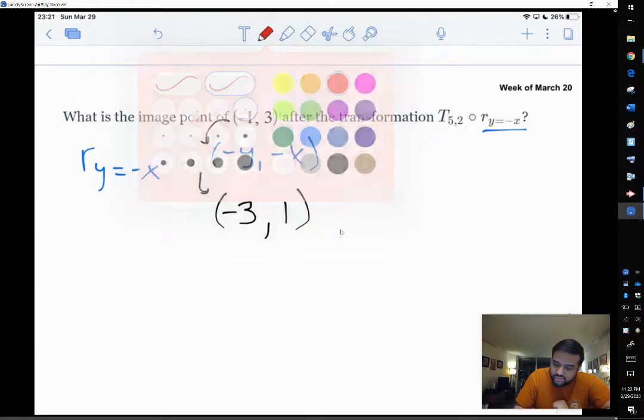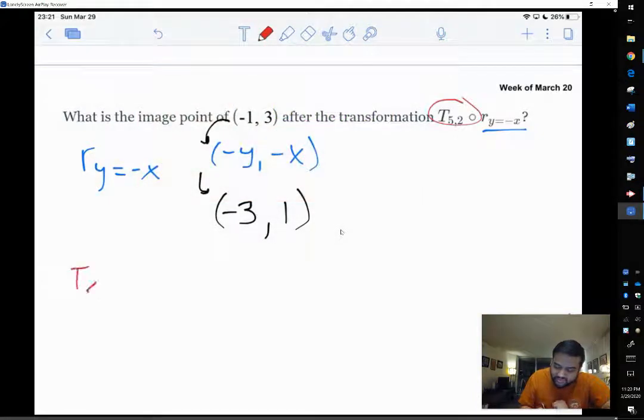The second rule is to translate by the vector 5, 2. So these are again both positive, so we're going to add 5 and 2. So adding 5 would give me 2, and adding 2 to the y value would give me 2 plus 1, 3. And there's our answer.